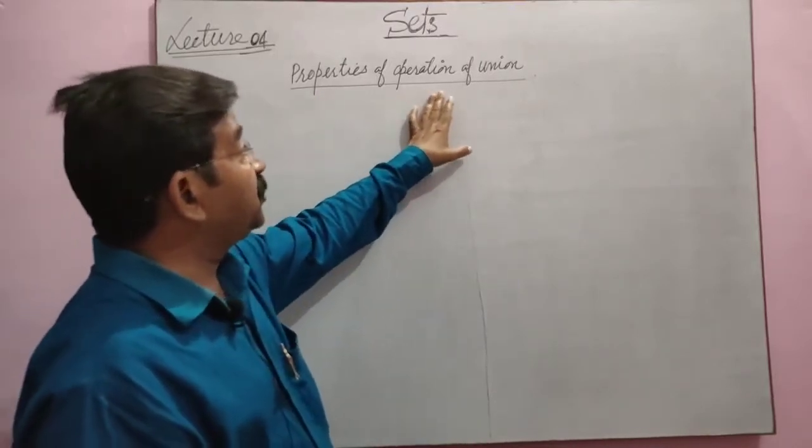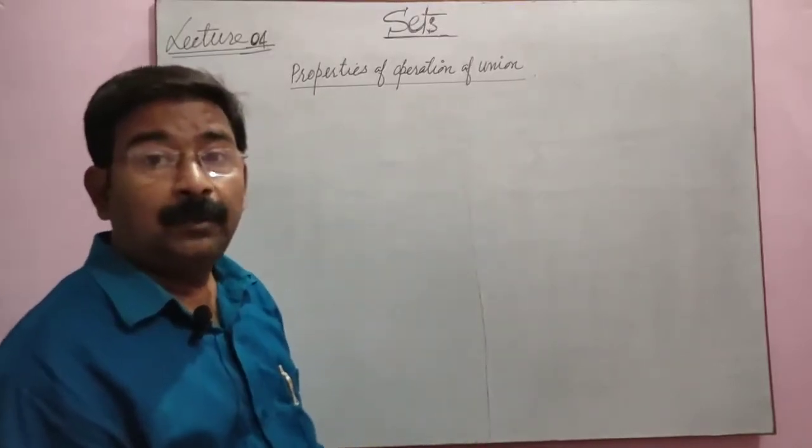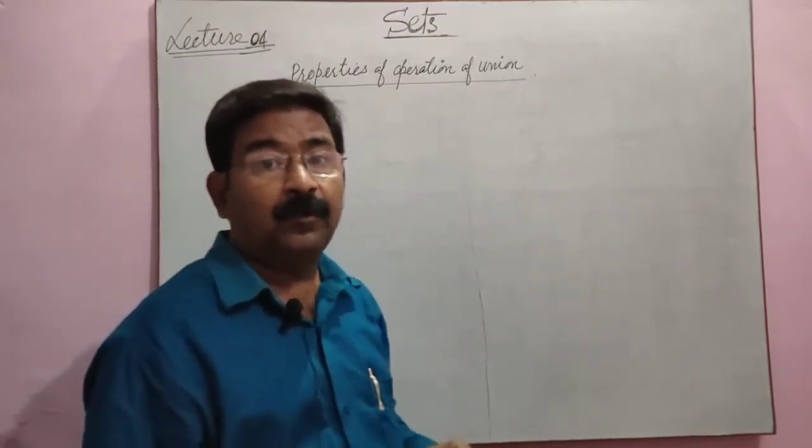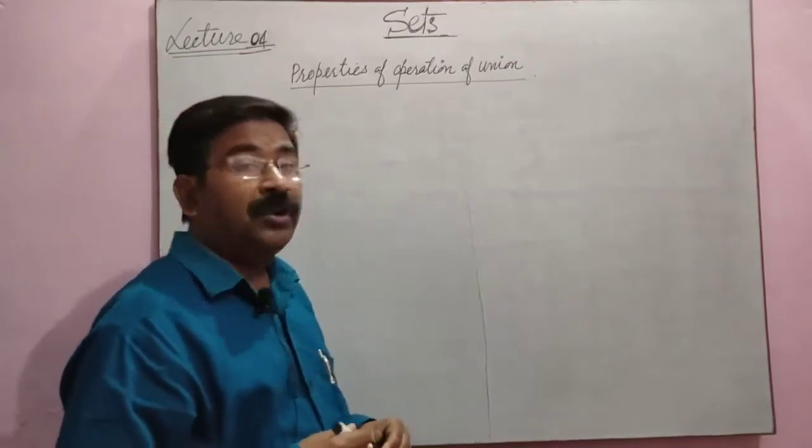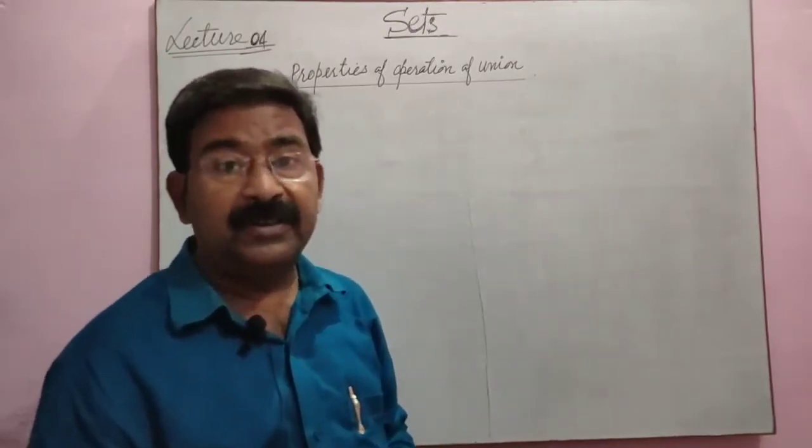Now students, we are coming to the next phase: properties of the operation of union. In the case of union, what properties are there? First, the union of two sets is always commutative.